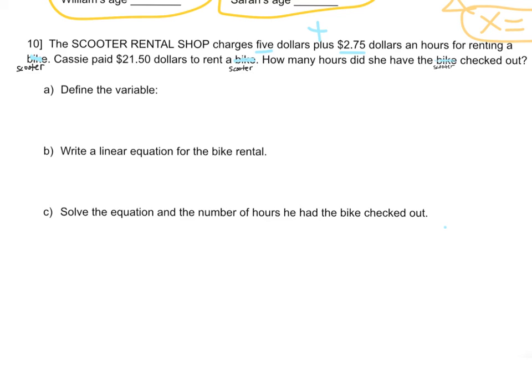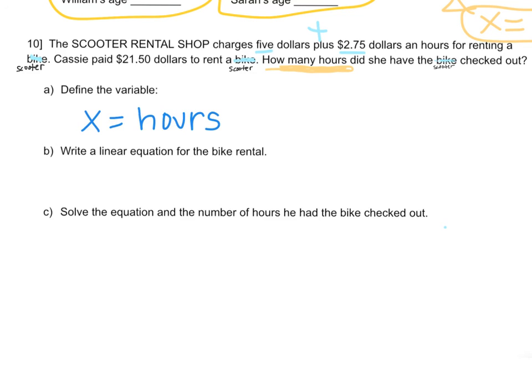How many hours did she have the scooter checked out? So we're looking for the hours. So if you're trying to define the variable, look at the question. How many hours did she have it? So we could use the letter X. We could use a different variable. You could use H for hours. I'm just going to go ahead and do X. X is going to stand for the hours that the scooter is checked out.